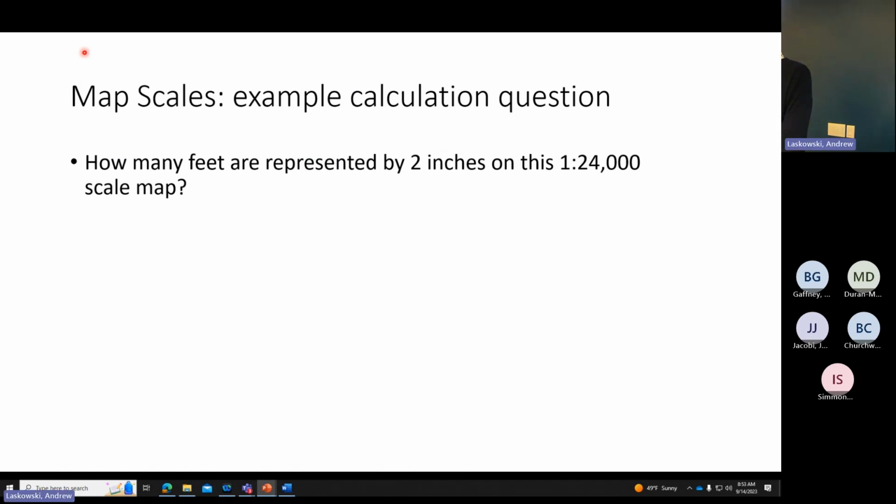The way I like to do these calculations is to multiply both sides by 2 inches. There are multiple ways of doing this, but I just keep it simple. I say 1 times 2 inches is equal to 24,000 times 2 inches.